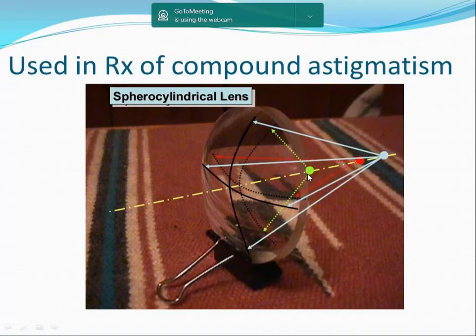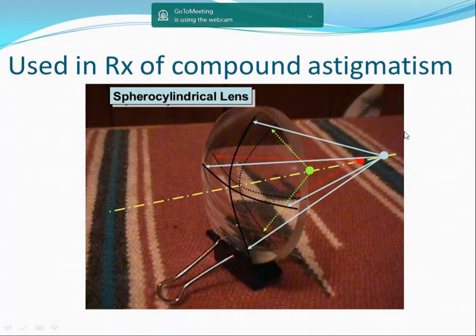In case of compound astigmatism, both the axes make their point focus in front of the retina. So this is a compound myopic astigmatism. Similarly, if you have a compound hypermetropic astigmatism, both the 90 and 180 degree meridians make a point focus behind the retina.